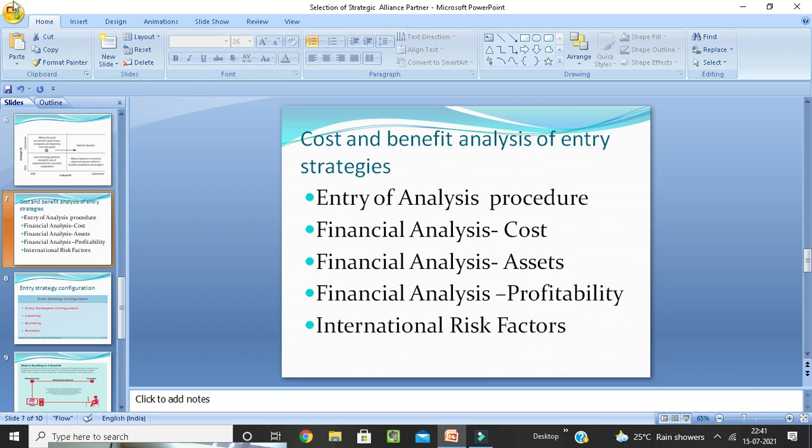The last one, international risk factors. International risk factors are in addition to the normal business risk factors that every company also confronts in its home market. This is due to the involvement of several countries with different business environments.